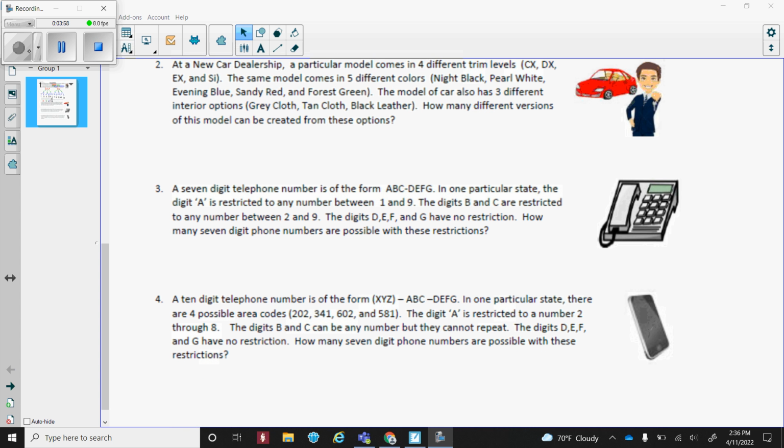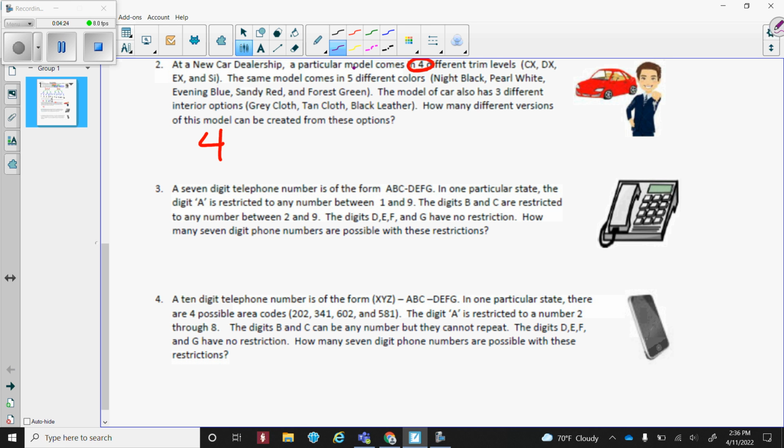So let's use that same sort of principle for the next problem. I'm looking at question number 2, where it says there are 4 different trim levels. Now, I don't need to specify that it's CX versus DX versus EX versus SI. I just need to know that there's 4 of them. So starting with our counting principle, I write down 4.